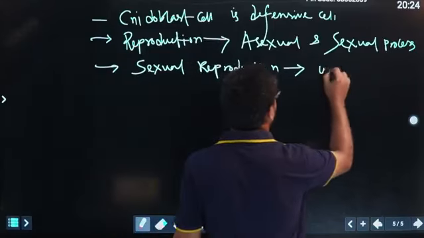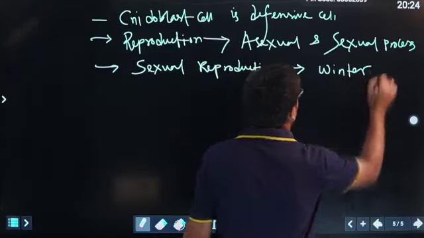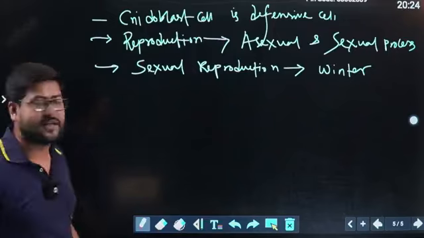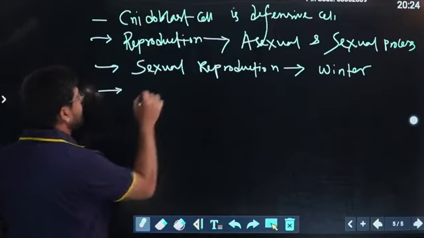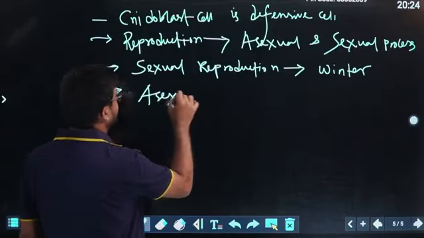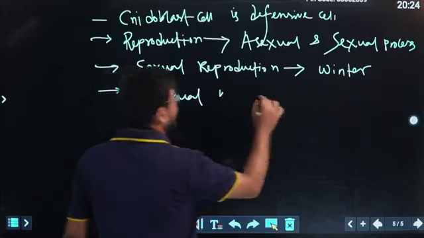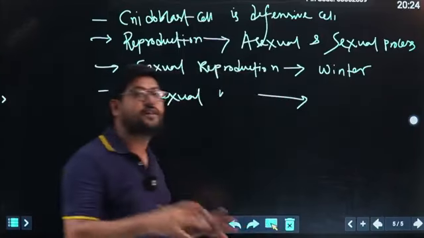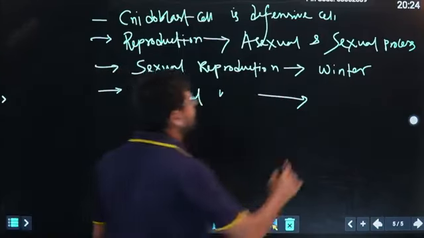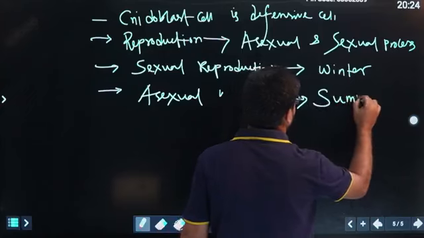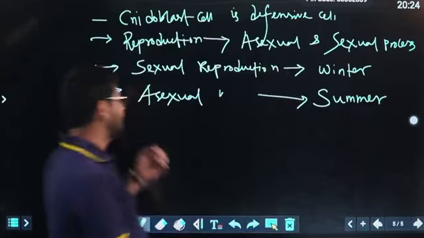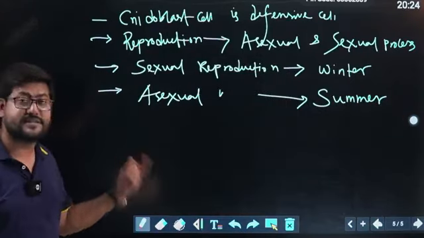For that reason, during winter sexual reproduction takes place. And asexual reproduction happens when food is available, and it is mostly available in the summer. Okay, for that reason asexual reproduction happens in the summer season.